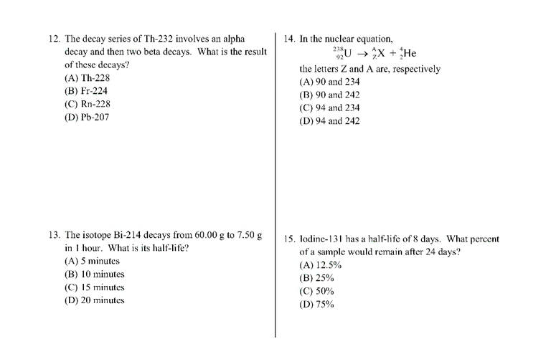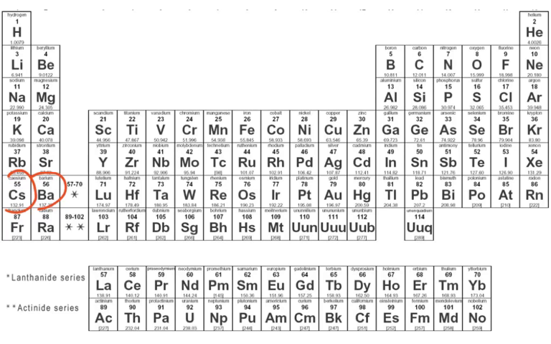Question 12. The decay series of thorium involves an alpha decay and then 2 beta decays. What's the result of these decays? Well, we can do this 2 different ways. There's an alpha decay, then there's 2 beta decays. We can write 3 separate little equations where we start off with thorium 232, and then we have to go back and look at, well, what is thorium? Thorium is way over here, number 90.